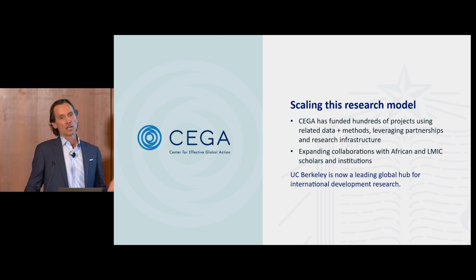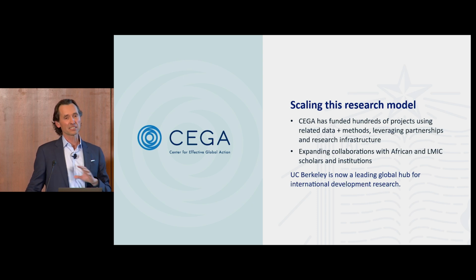Along the way, we've built up a lot of research infrastructure and research partnerships in those countries. We've also forged a lot of new collaborations with scholars in low and middle income countries, and we've focused in particular on scholars in African countries. It's been just an amazing experience to build up the footprint of the center and collaborate with East African, West African, and Southern African scholars.